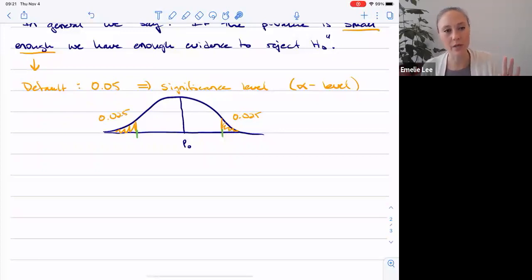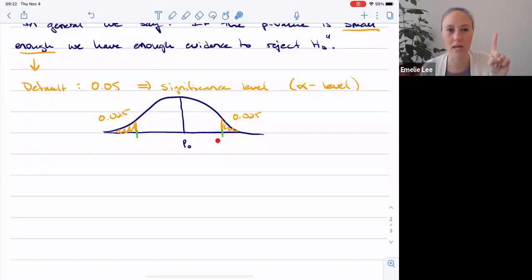Another way you could do it is you could figure out what proportion this cutoff corresponds to. And then if your sample proportion is beyond that point, then you could reject H naught. So there's a couple of different ways to do it.